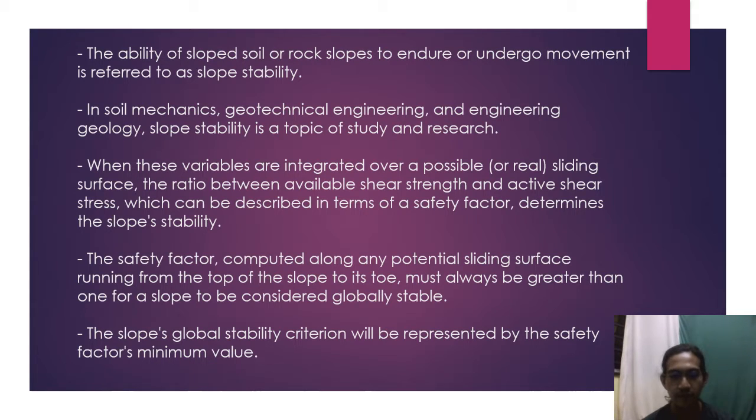The safety factor, computed along any potential sliding surface running from the top of the slope to its toe, must always be greater than 1 for a slope to be considered globally stable. The slope's global stability criterion will be represented by the safety factor's minimum value.